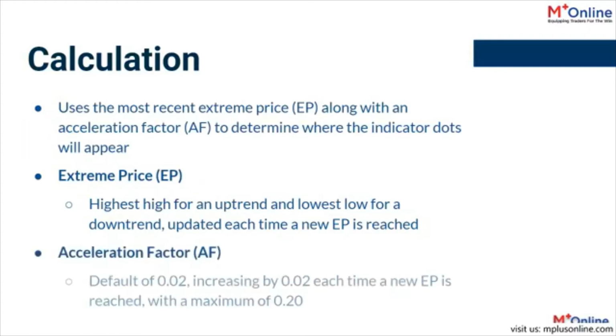The acceleration factor default is 0.02 with a maximum of 0.2, which is the criteria that you could change just now. But we are just going to leave it as default.